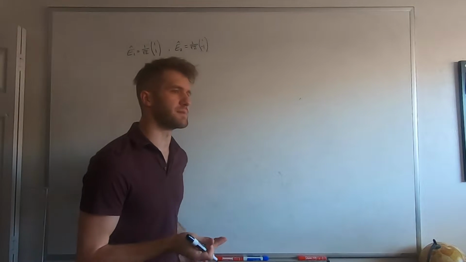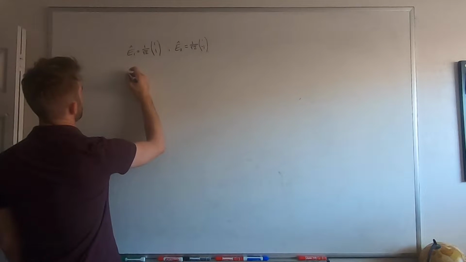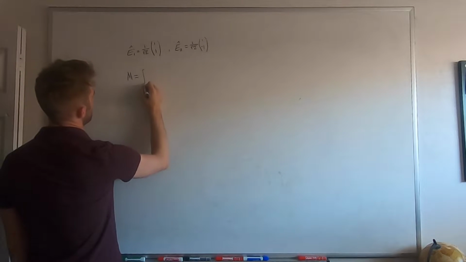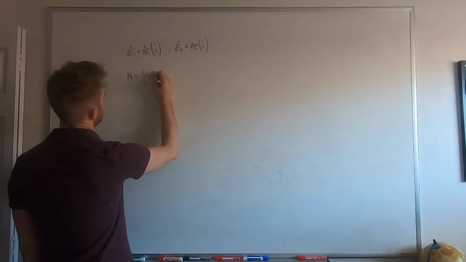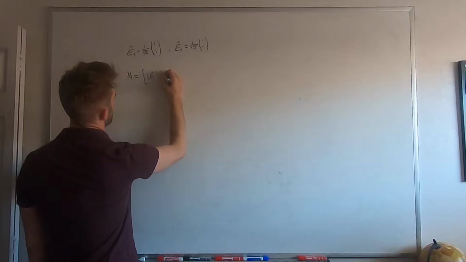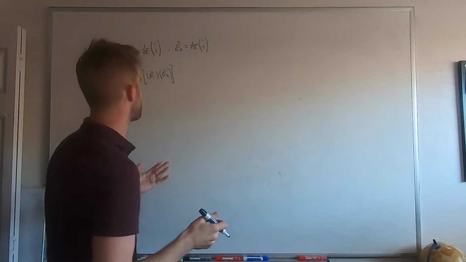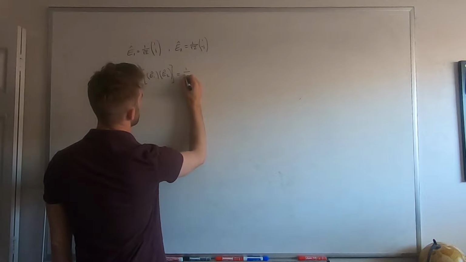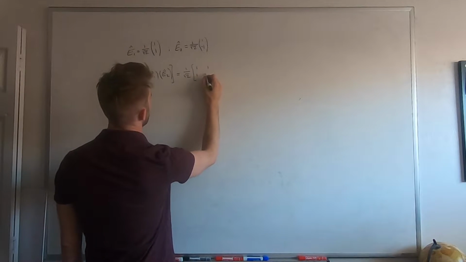What we want to do is put them into a matrix. We'll say some M matrix is equal to E hat 1 next to E hat 2, bracketed off. Now we can express this collectively as 1 over the square root of 2 times the matrix 1, 1, 1, negative 1.